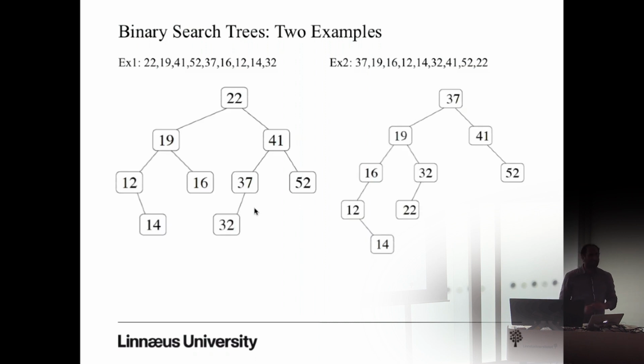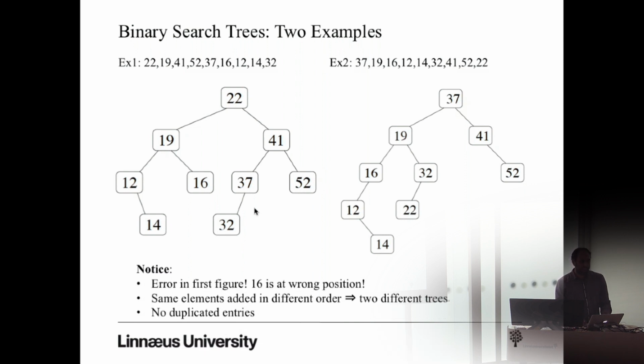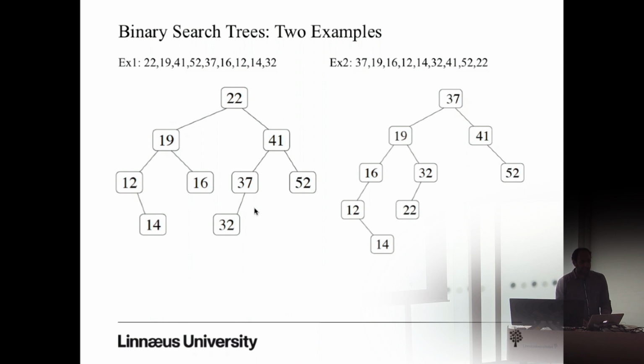So here we have two examples, and as I said earlier, even if you have the same data, if you add that data in a different order, you get different binary search trees. And also, can you spot the problem in the first one?